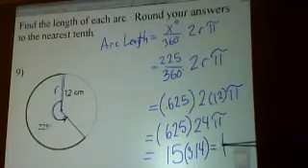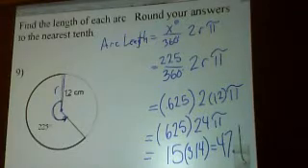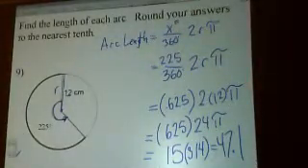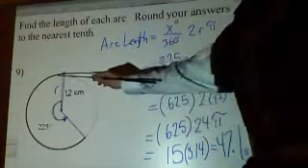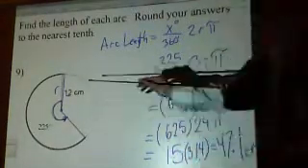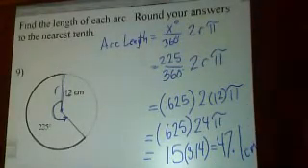You should get 47.1 centimeters. So that means the whole circle, which is 12 times pi, would be a little more than 36 centimeters around.